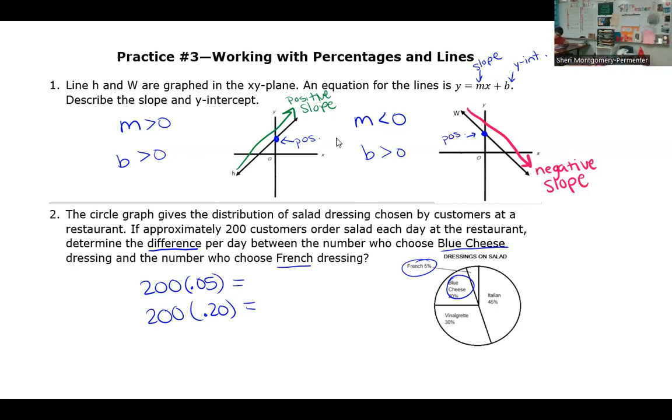Figure those out, write them down on your paper. So how many chose French? And what about blue cheese? What is the difference between them? Very good.